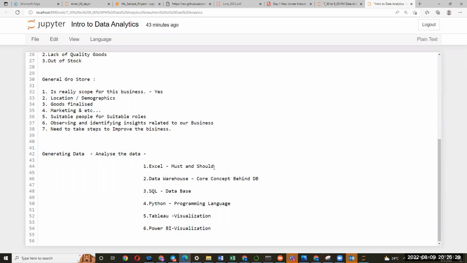To download that, you need to create a free account in Tableau Public.